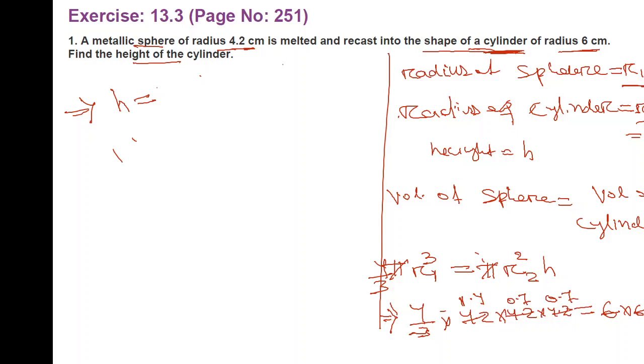So h will be equal to 4 into 1.4 into 0.7 into 0.7. So it will be equal to 2.744. So this will be your answer. H is equal to 2.744. Now I'll move to the next question.